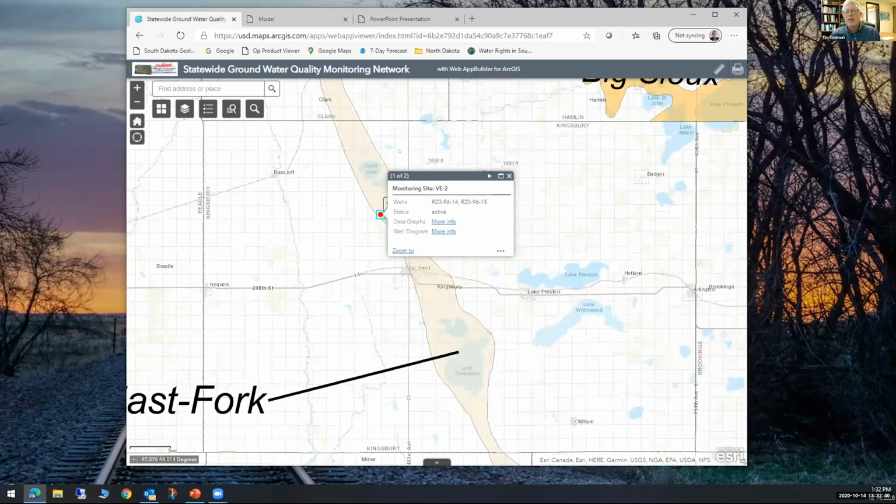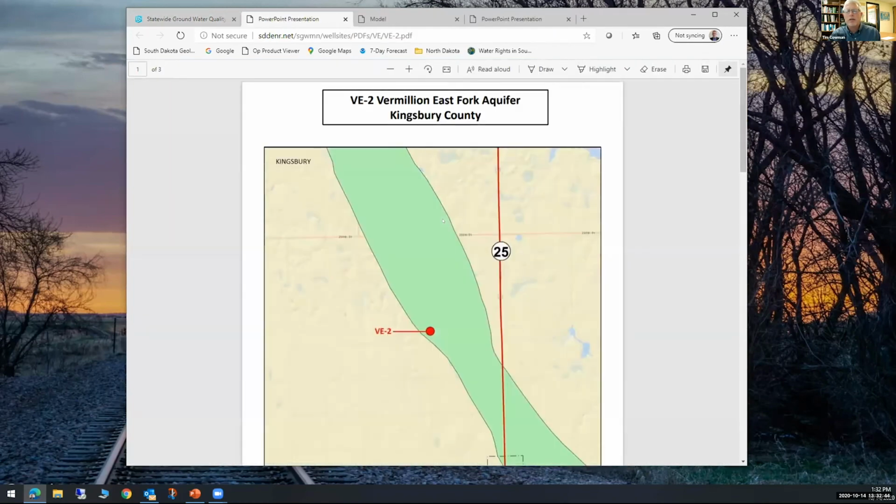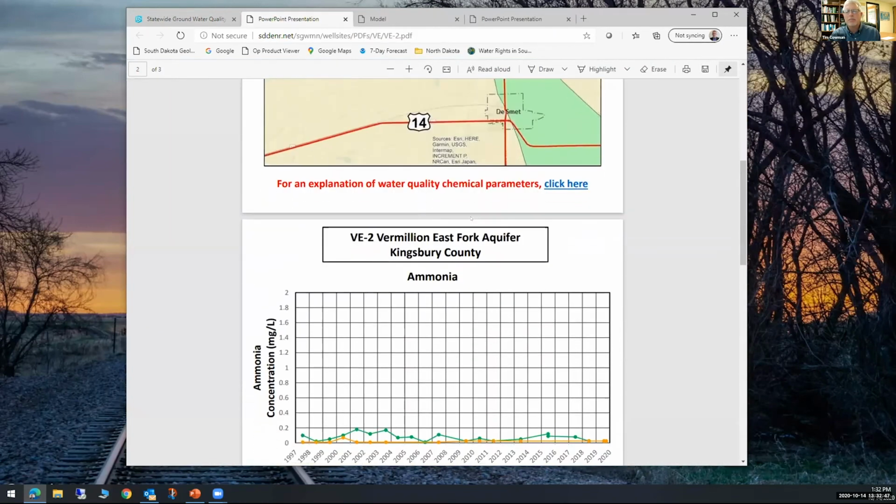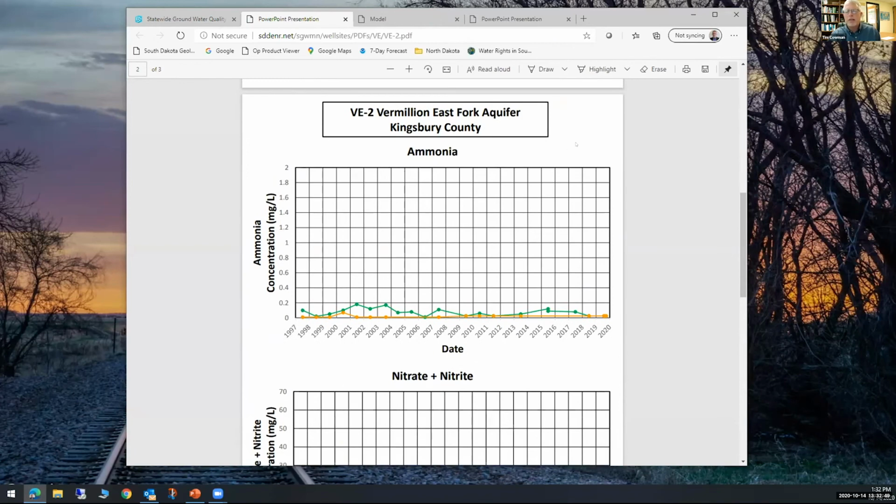I'll go back to the map, and this time I will click on the data graphs. And now what I'll get is a PDF file that shows me graphs of 4 parameters for that particular site. So this is since the site was put in 1997.